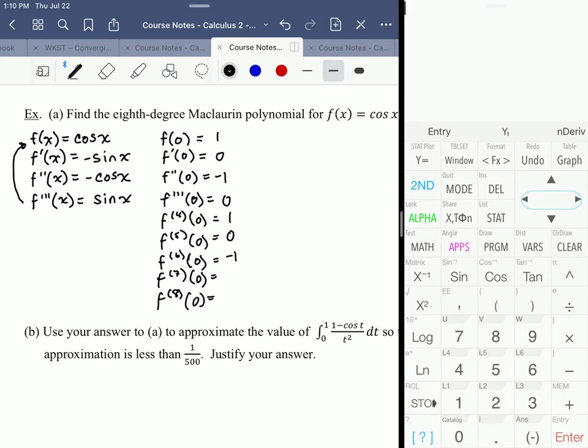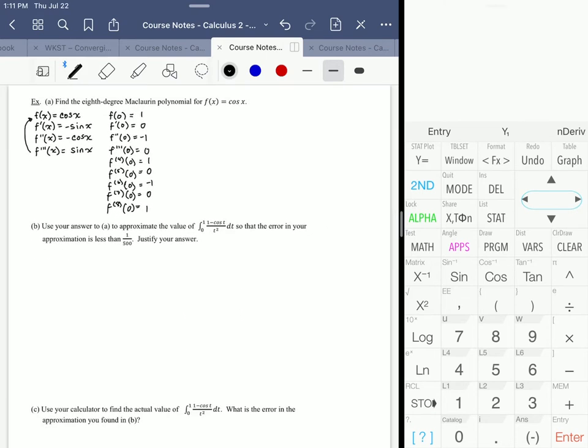So 1, 0, negative 1, 0, and then back to a 1. All right, so that gets us where we need to go in terms of the coefficients.